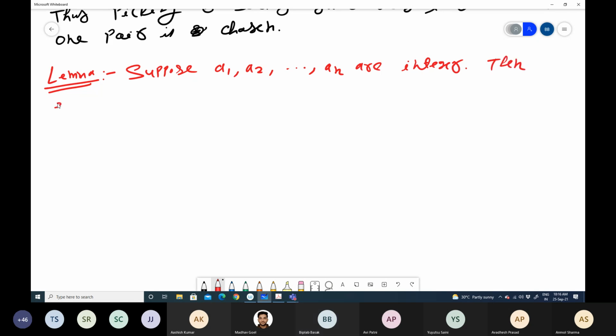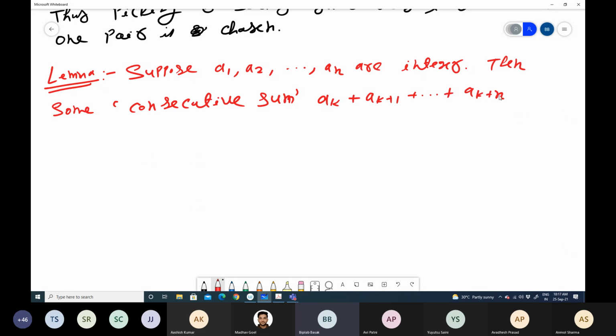Then some consecutive sum, say a_{k+1} up to a_{k+m}, where k is bigger than or equal to 1, and k plus m is less than or equal to n.